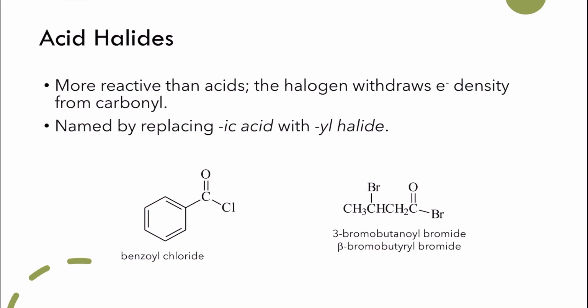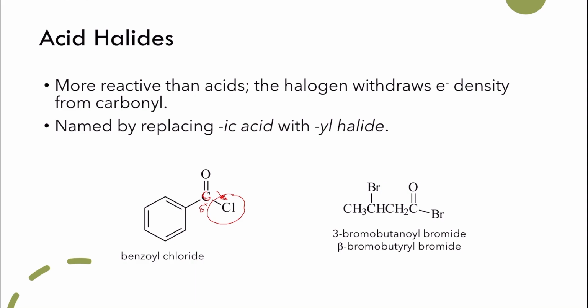This is because the halogen here can withdraw electron density from the carbonyl group. So if the chloride can withdraw the electron density this way, that means this carbon can have an even higher positive charge, so it will be very reactive.